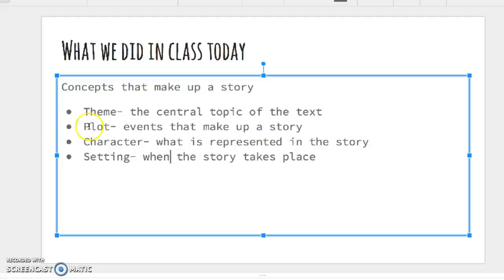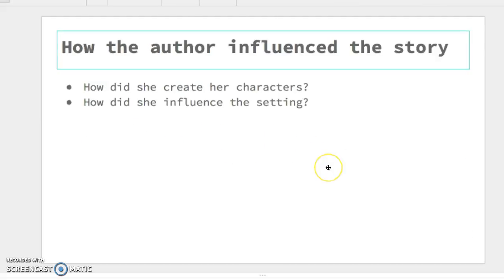And for today's activity, we are going to look at how the author influences a story. So one thing I want you to look at is, how did the author create her characters? Did she create her characters as mean people? Are they angry?